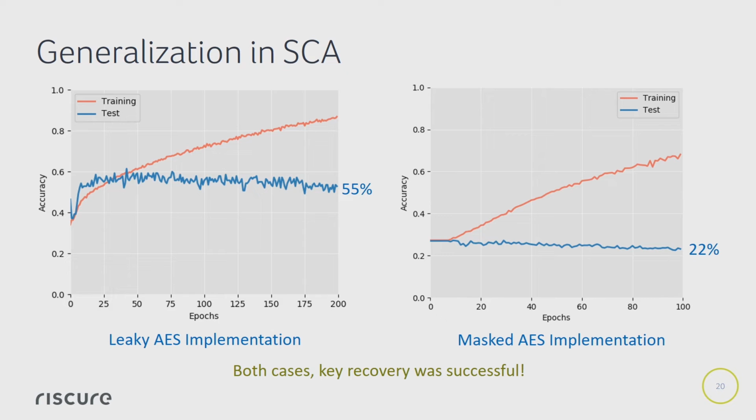When you go to a masked AES implementation, the training accuracy is also growing because the network has the capability to fit everything. However, the test accuracy stays very low, around random guessing. If you look at these metrics, you conclude that the attack is failing because the metrics are very poor. But in both cases, we got the key. So we want to understand why exactly.